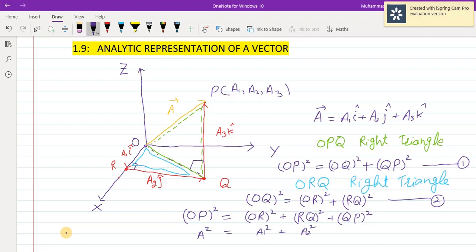As OP is equal to A, so OP square is equal to A square, OR is equal to A1. So we will replace OR with A1 and RQ with A2 and QP with A3, and we will get this equation number 3.